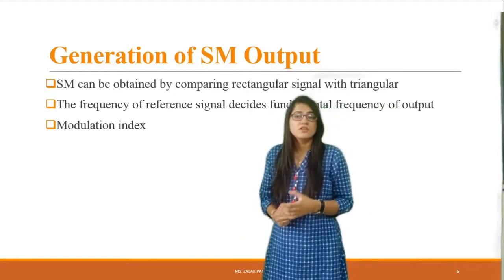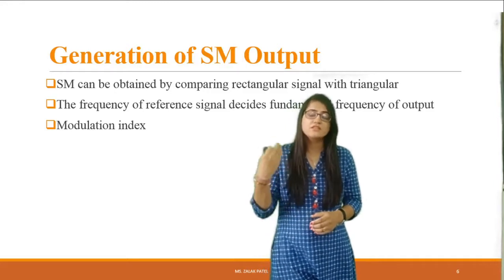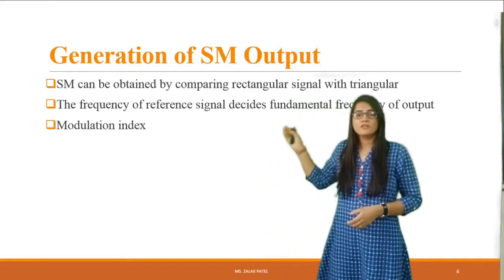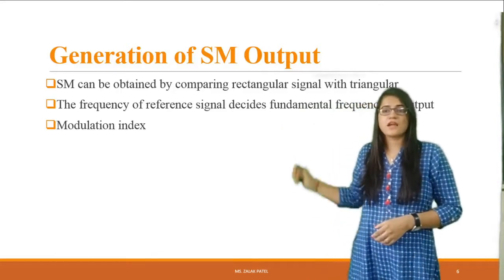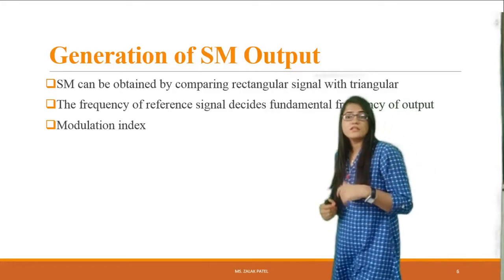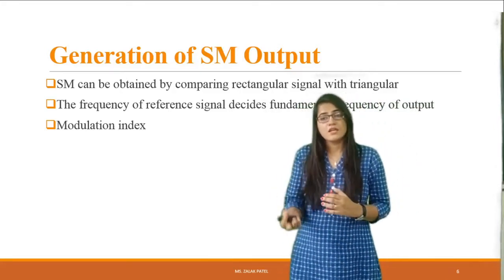Modulation index is denoted by small m, and it is the ratio of the output frequency upon the carrier frequency, meaning fo upon fc. Here, the frequency of the reference signal decides the fundamental frequency of output, and the number of harmonics generated can be seen by the carrier signal.